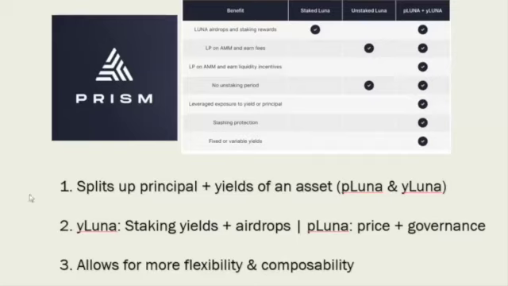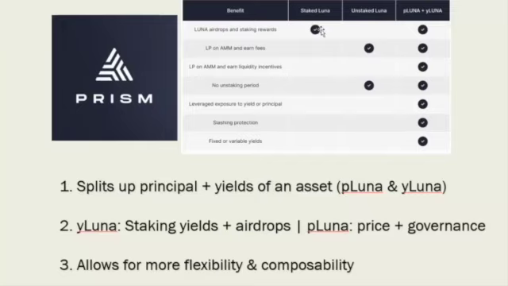And the other one is Prism. Prism is also a very interesting one. What it does is it breaks up the principal component and the yield component of an asset. So right now with the Luna token, usually people can only either stake Luna or use the unstaked Luna to do something like provide liquidity. There's a problem with staking Luna, because when you stake Luna, you lock your Luna up for 21 days.